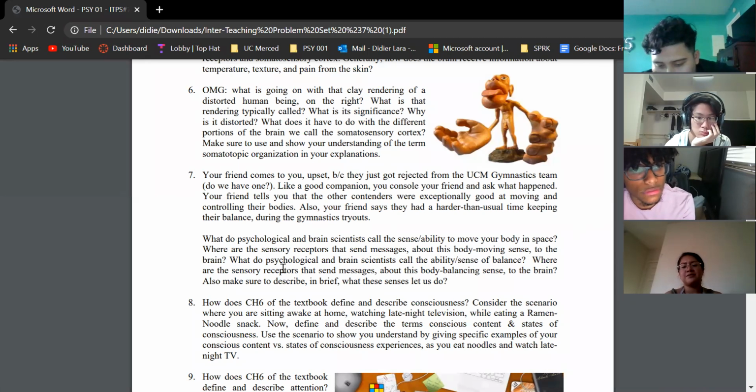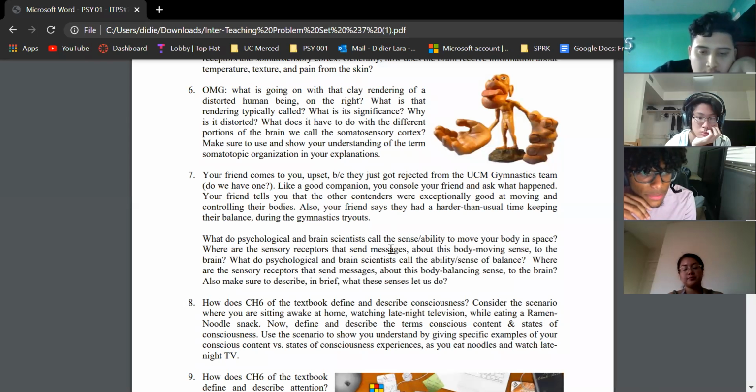Is there anything that you guys found hard? It's long, but he talks a lot. Yeah, it makes it really long. For that one, I pretty much got the same thing. I just said that the ability to move your body in space is known as the vestibular sense, and the sensory cells are in the cochlea, and two structures respond to posture, acceleration, and movement.